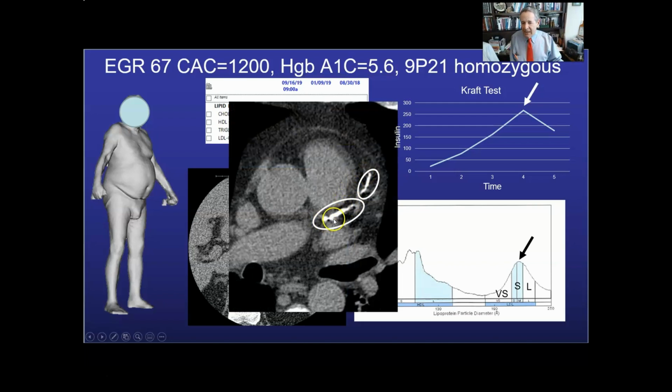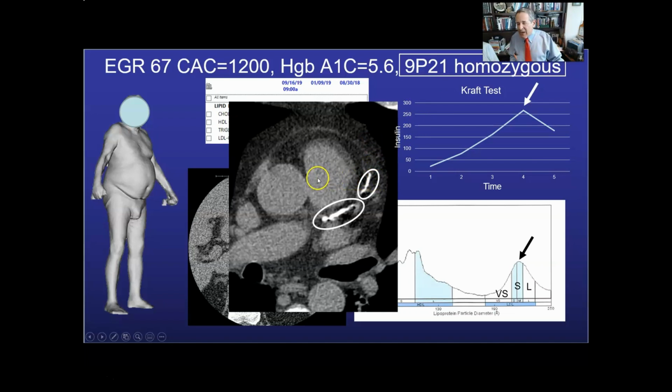And here's the heavy calcium, and this calcium has been there for ages. You can tell because of the thickness. This didn't happen yesterday. Usually when you have this much plaque, it's been there a long time, and it's from not just a lifestyle, but something genetic. And in fact, he was homozygous for 9p21, a genetic factor that makes the vessels more porous.